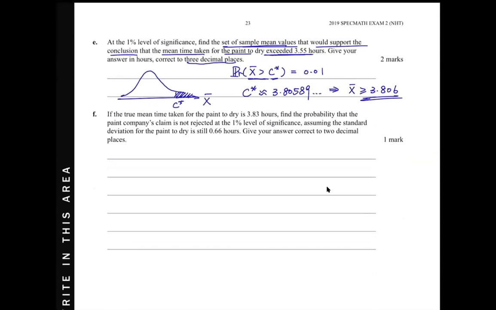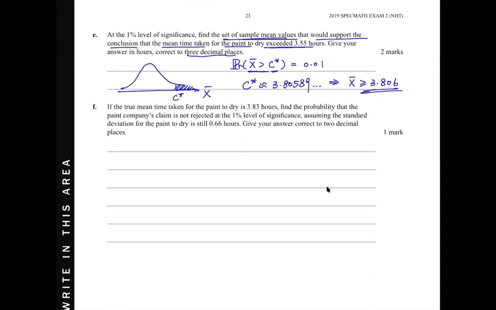If the true mean time taken for the paint to dry is 3.83 hours, find the probability that the paint company's claim is not rejected. Not rejected means the other way around from the previous part. Given that mu is actually 3.83, standard deviation is not changed, 0.11.